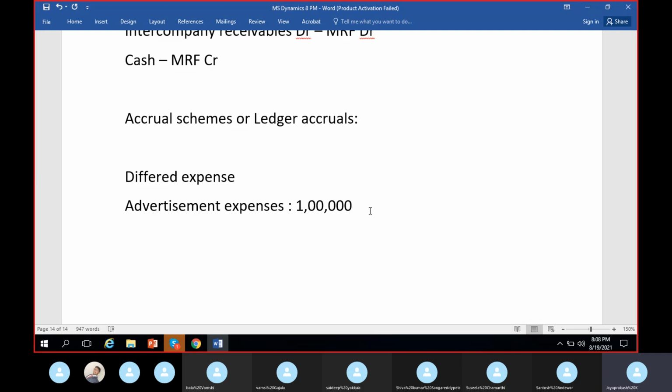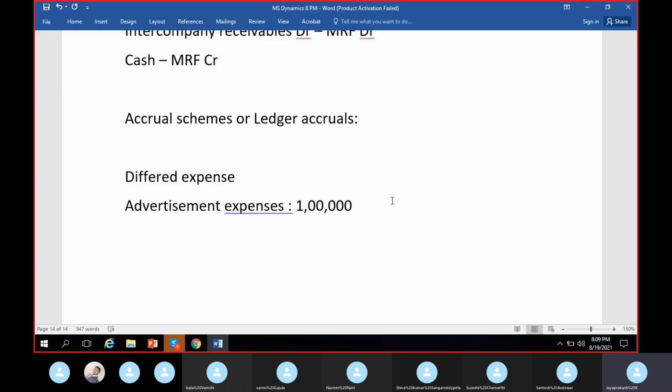So the obligation behind the expense will be completely met only when 365 days or 12 months is completed. Until then, this 1 lakh rupees expense is still valid, and you have to receive the benefit out of it until the whole year is completed. That kind of expense is called a deferred expense.